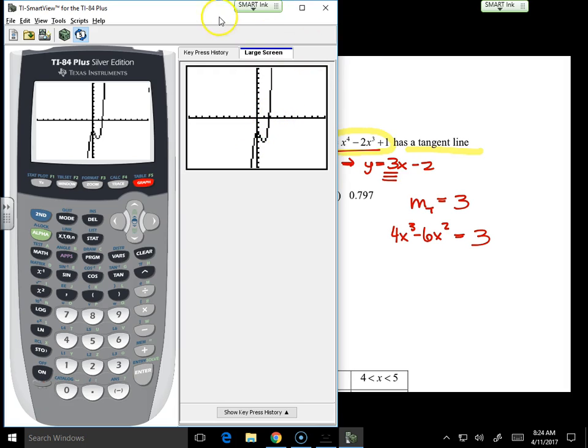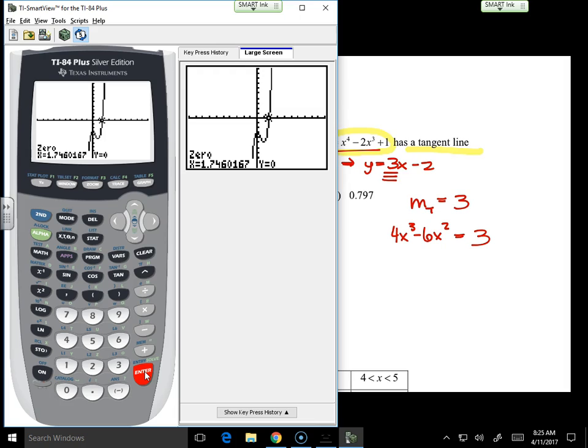If the window is all funny and the intersection's way up here, the 0 will be down here in the axis. So I could do second trace, zero, a little bit before, a little bit after, and I could find 1.746 both ways.